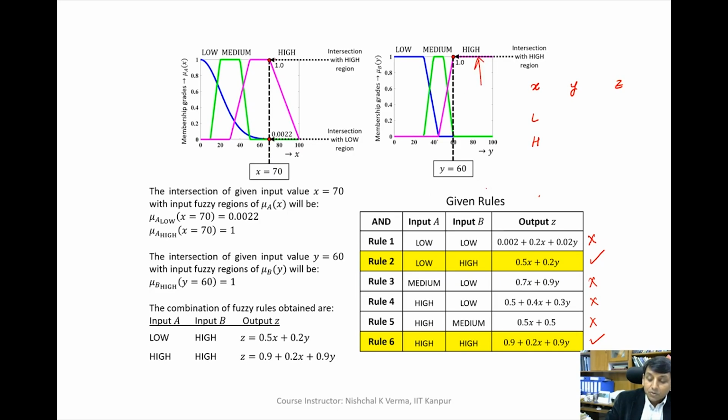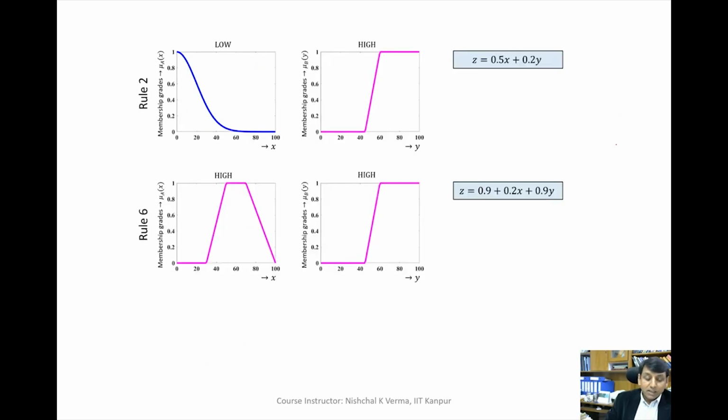For others it is 0. So we can write LH and HH because high is for both the cases, and this way we have to look for the corresponding Z, and this we can find by looking at the set of rules, and we have here 2 rules that are applicable, and then with this we'll proceed the same as we have done in the previous example.